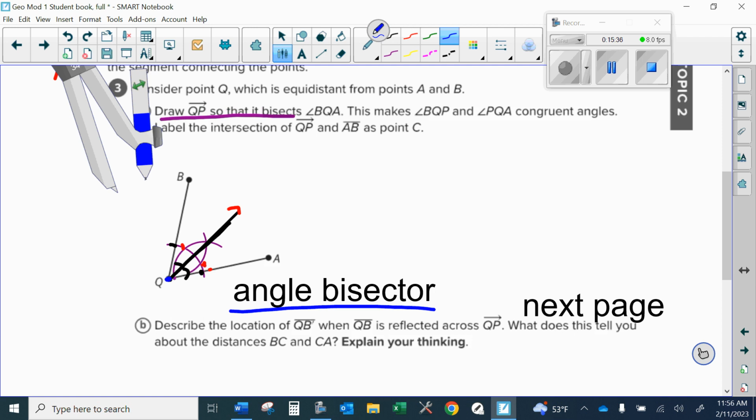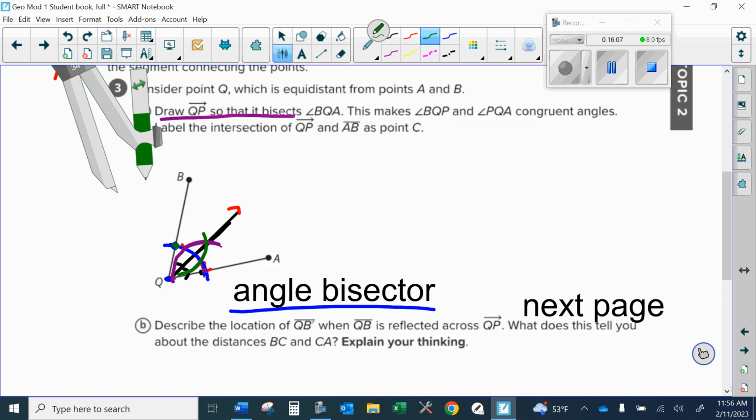I put my pointer on Q, go out a certain distance, draw an arc. That gives me 2 points there and there. Then I put the pointer on one of those, open it up more than halfway. So it's there, draw my arc. Turn around, put the pointer on the other one, keep that same distance, don't change the length from the pointer to the pencil.